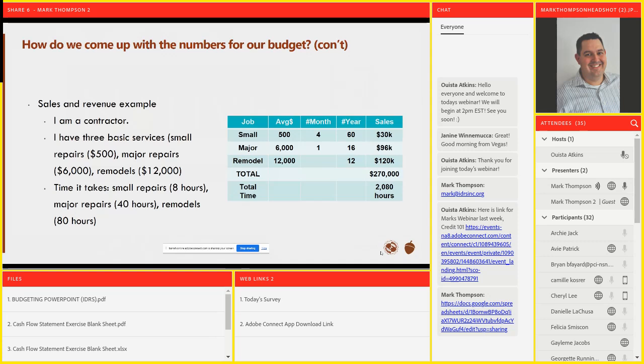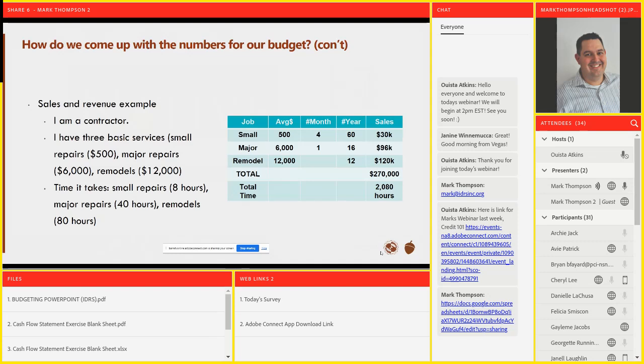And so I'm doing a number of different jobs, basically handyman service type work, but then also all the way up to doing a major remodel. Okay. So to make my budgeting easier, I have three basic services: small repairs, $500; major repairs, $6,000; remodels, $12,000. And you may say, okay, well, where did I get those numbers, right?